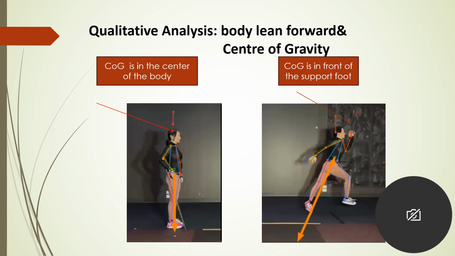From the standing position picture, you can see the center of gravity is typically located around the pelvis or slightly above the hip region. During the running, the center of gravity moves up and forwards in front of the support foot.